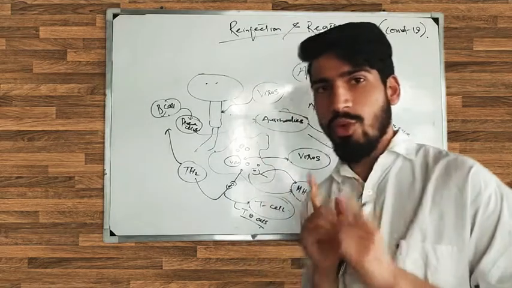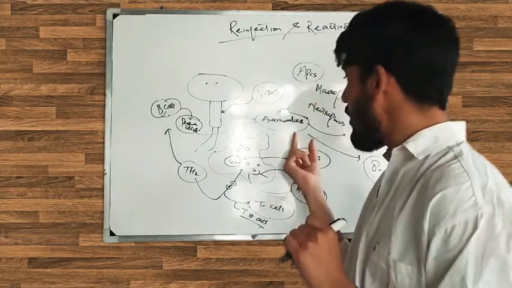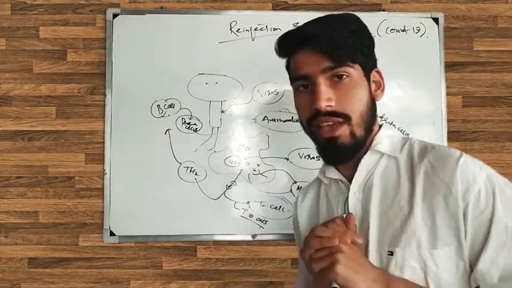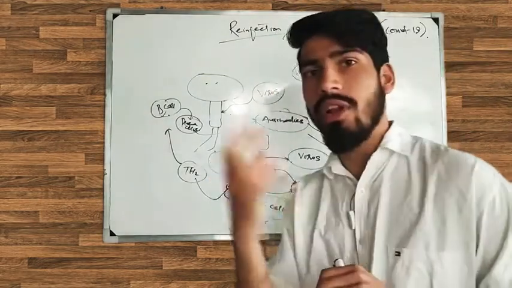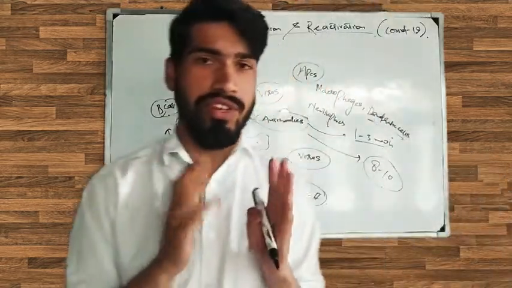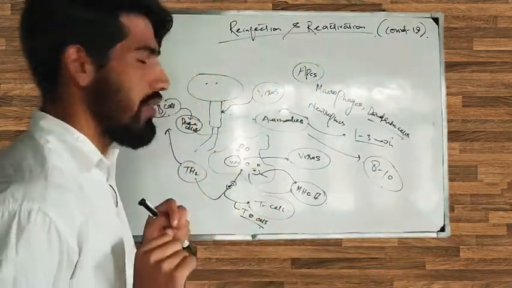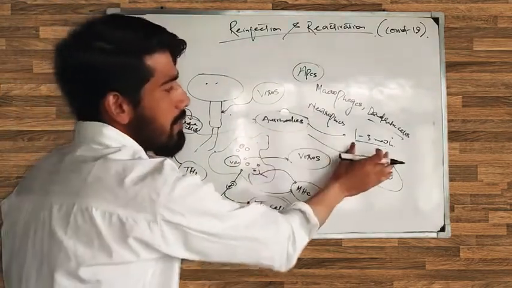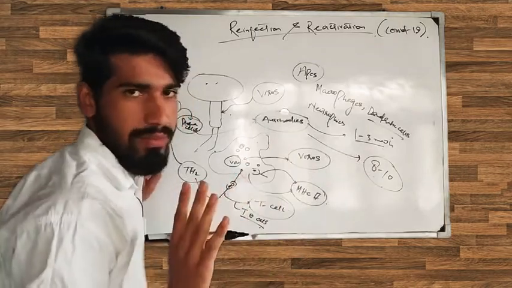So here the question arises: if the antibodies remain only 1 to 3 months, then how can we say the antibodies may remain for a long time? So what happens actually? The lifespan of these antibodies is 1 to 3 months.